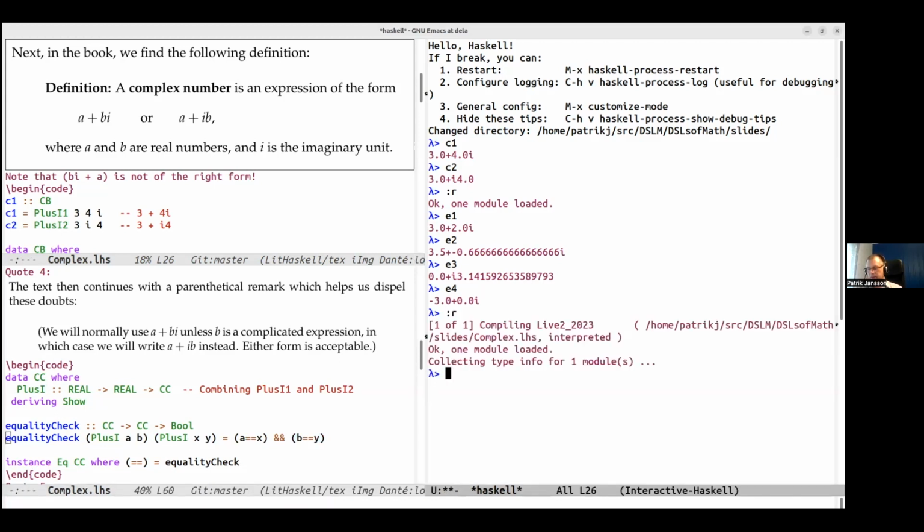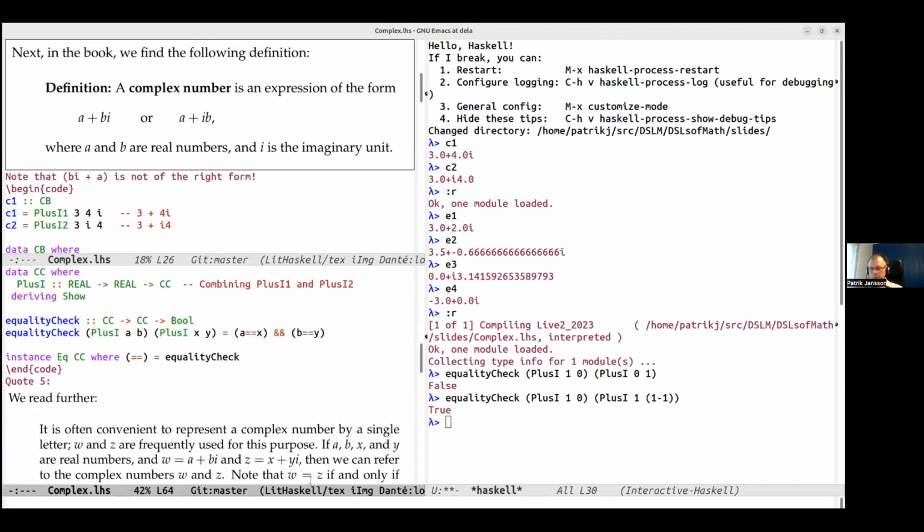So this is a Haskell definition which makes it possible to do an equality check of, say, plus I 1 0 and plus I 0 1, and it will say false because those are not the same complex numbers. But if we would say 1 and say 1 minus 1, that's true. So those two complex numbers are the same. 1 minus 1 is 0, so that's 0, and 1 equals 1.